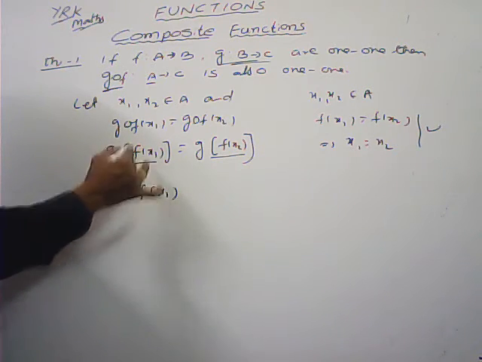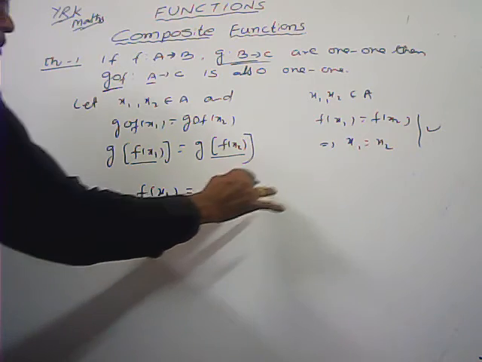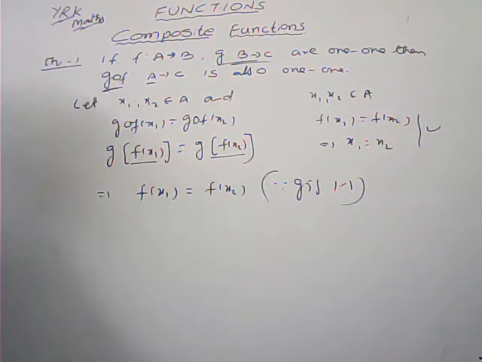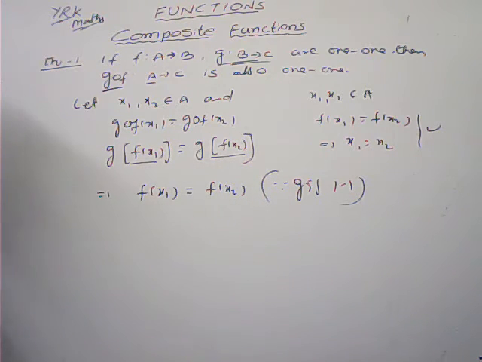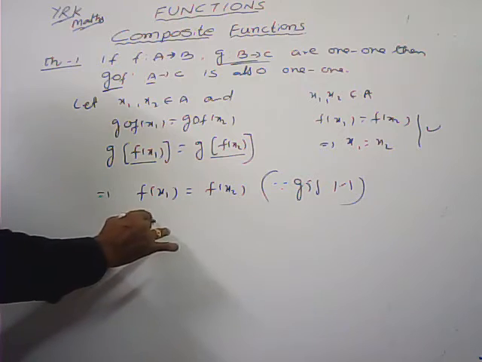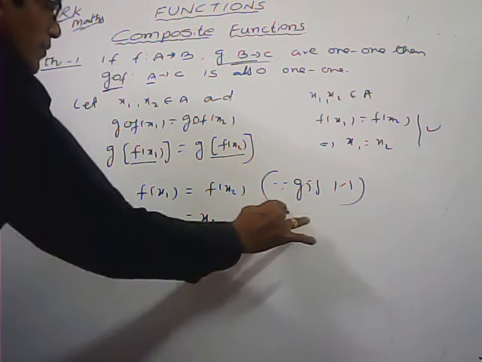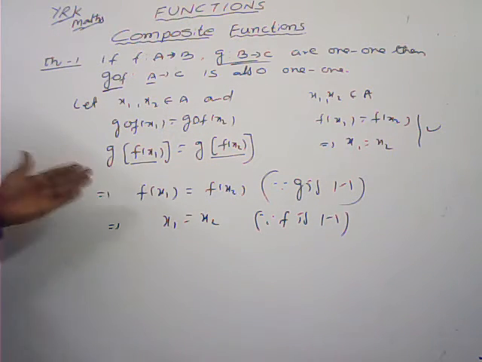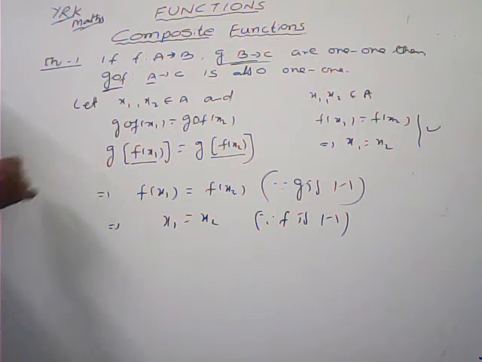Here in the place of x1, f of x1 is there. In the place of x2, f of x2 is there. Since g is 1-1, that's why g of f of x1 equals g of f of x2 implies we can write f of x1 is equal to f of x2. Now f of x1 is equal to f of x2 implies we can write x1 is equal to x2, since f is 1-1.